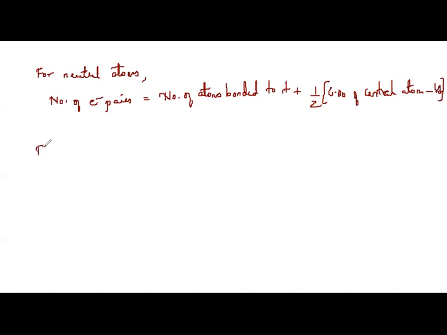If you take CH4, the number of electron pairs equals the number of atoms bonded to it, which is 4, plus half of the group number of the central atom. The central atom is carbon.